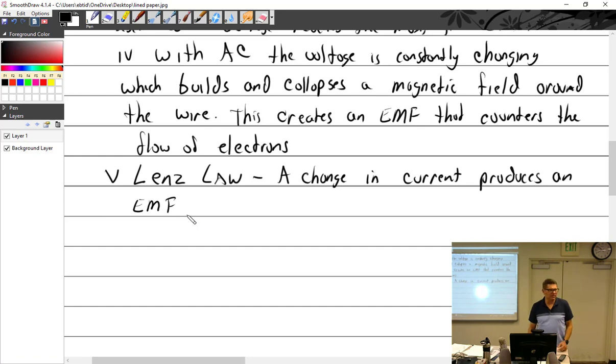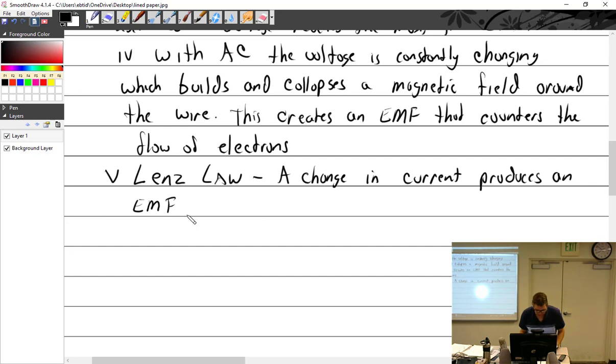Lenz's law, as quoted: a change in current produces an EMF whose direction is such that it opposes the change in current. Of course it does. So a change in current, we have AC, we have a change in current constantly. It's going up, it's going down, it's going up, it's going down. So that change in current produces an EMF, produces a voltage in the wire.